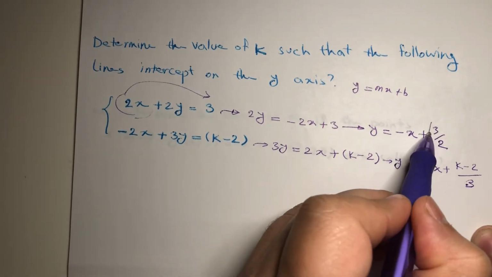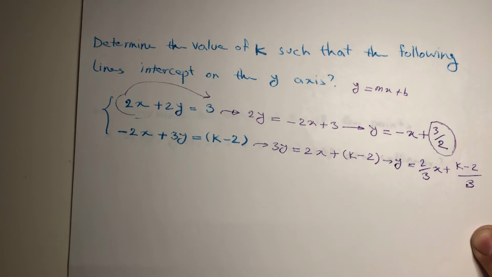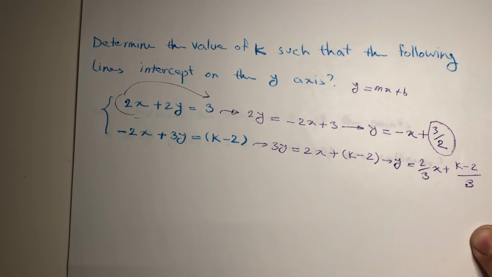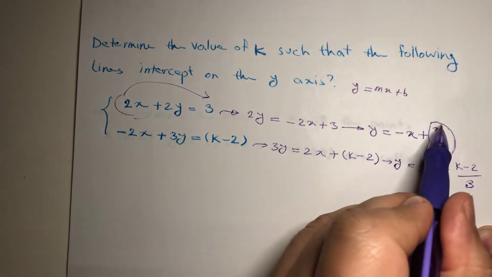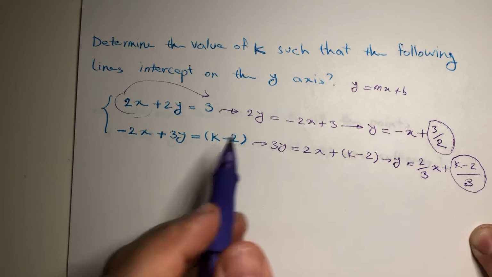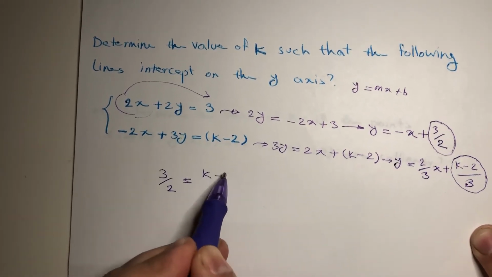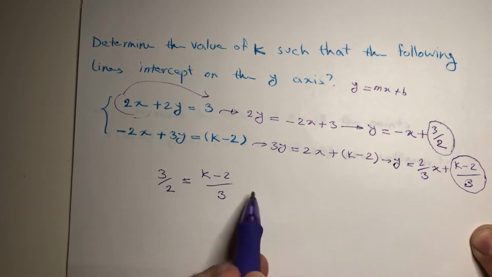So what is the y-intercept here? You can see a y-intercept is when you put x equals 0. When you put x equals 0, this is the y-intercept here, and this is the y-intercept here. So 3 over 2 needs to be equal to k minus 2 over 3.